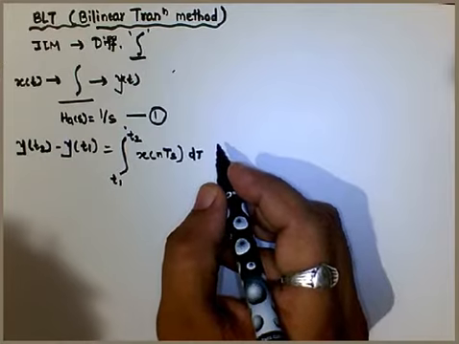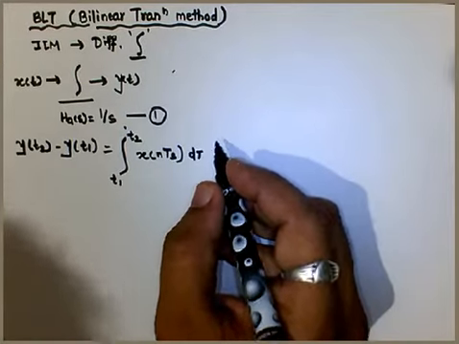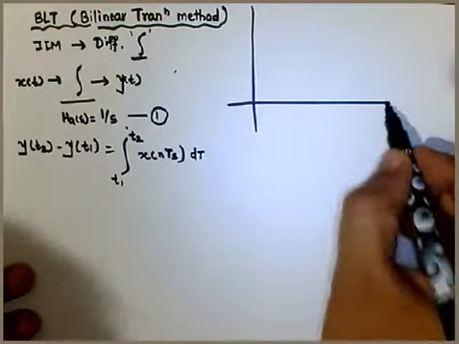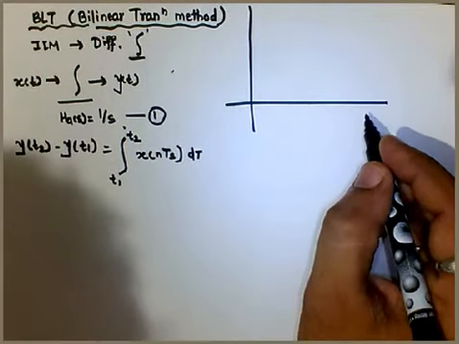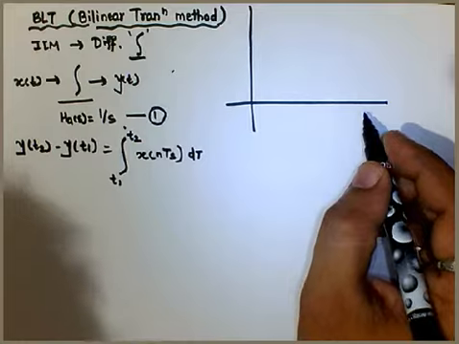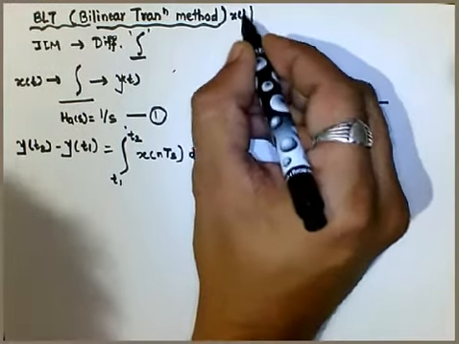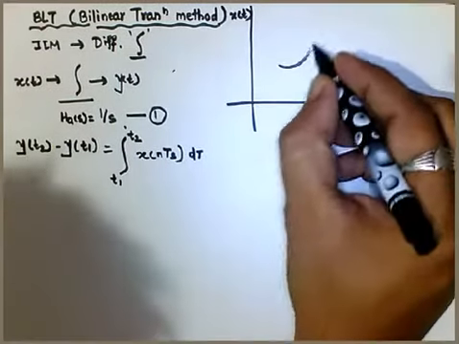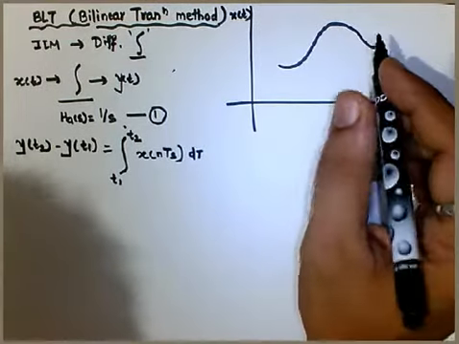So this is how this particular integral can be solved. For plotting the integrator's output with respect to input, let's say x of t is the input plotted with respect to time. Let's assume that this is one of the waveforms which we got.